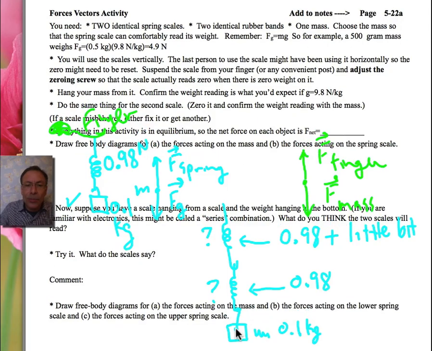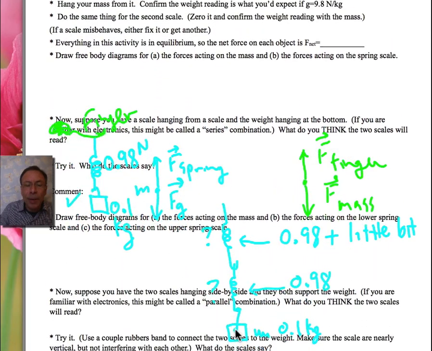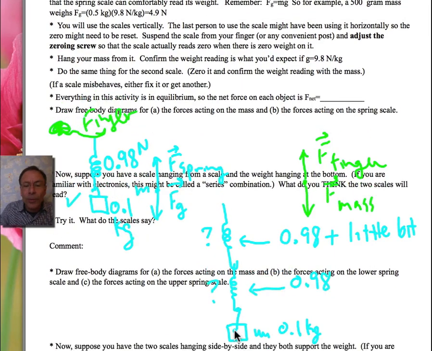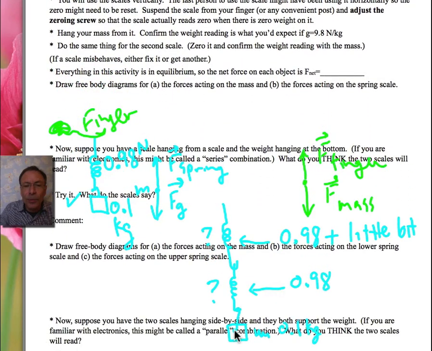Now, let's draw the free body diagram for this thing here. We want to draw the free body diagram for each scale, so there are going to be three of those.